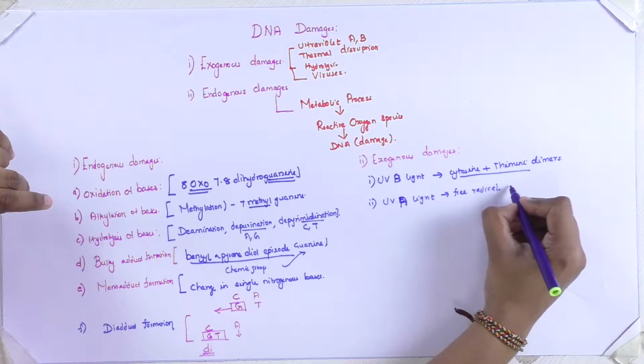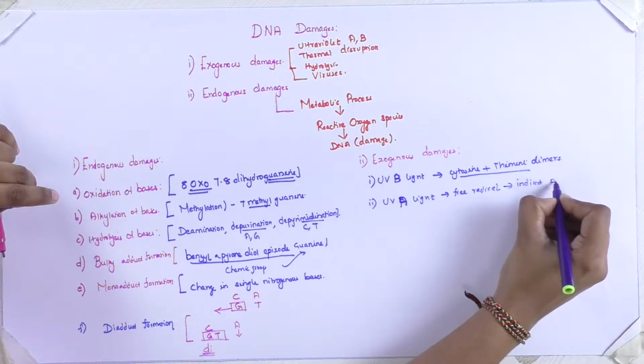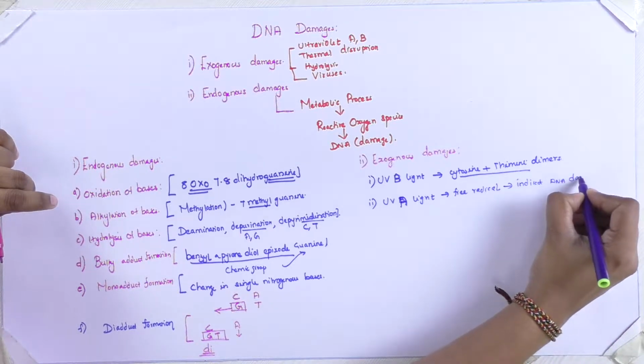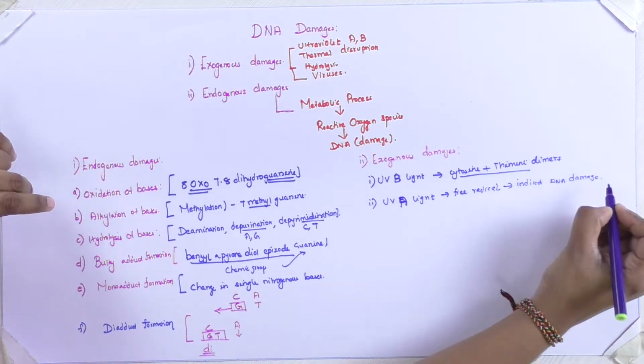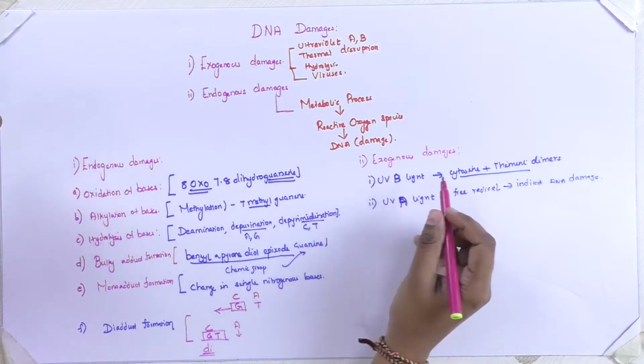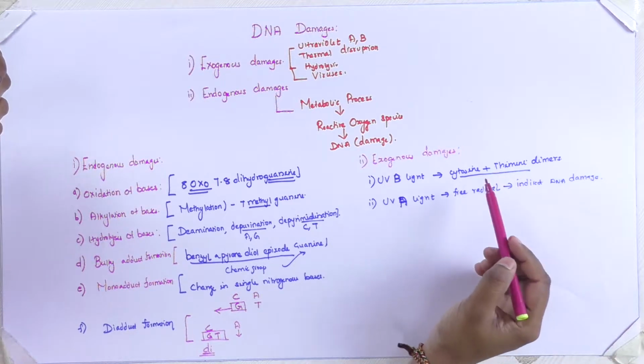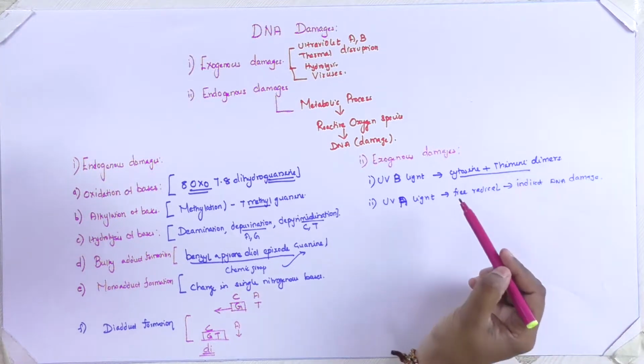These free radicals are responsible for DNA damage, and it is called indirect DNA damage. So with UVB light, cytosine and thymine dimers come together, and you all know cytosine and thymine come under what?